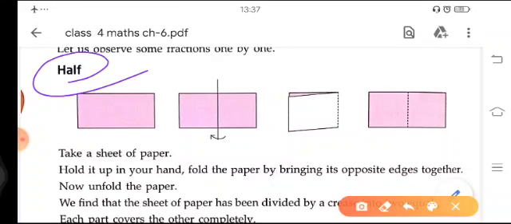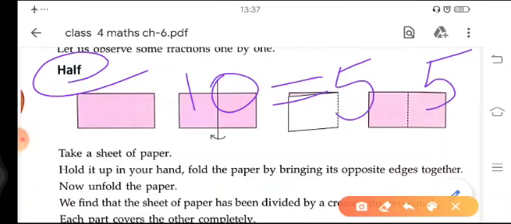Why? Because if we divide 10 toffees into two equal parts, it means 5 and 5, right?